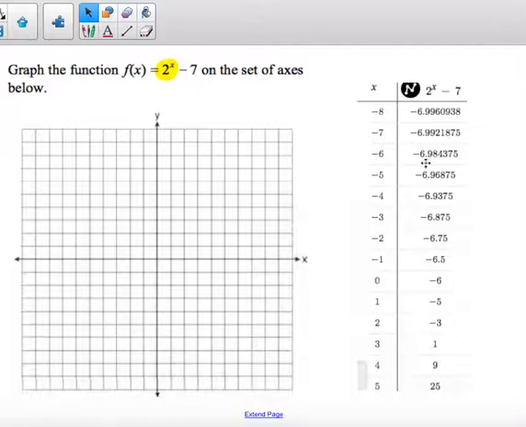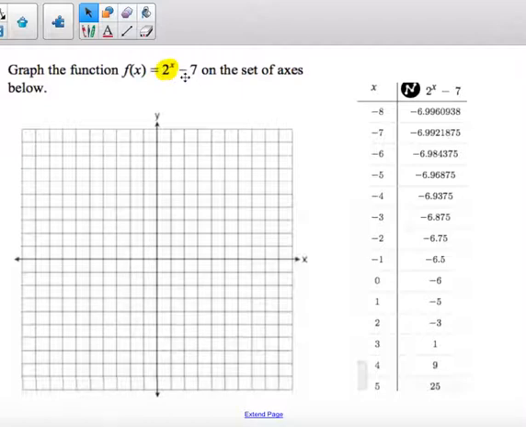So as we look at this table, it is not approaching 0 like our other one, but it is still approaching a number. It does still have an asymptote as we move into the negative x values. And so if we think about what we said before, as x is getting to these larger negative values, this 2 to the x portion of it is getting very, very close to 0.